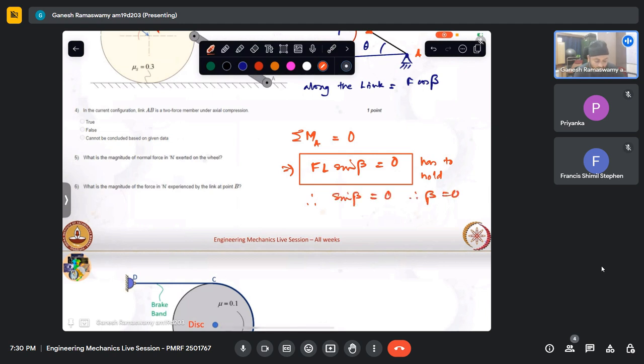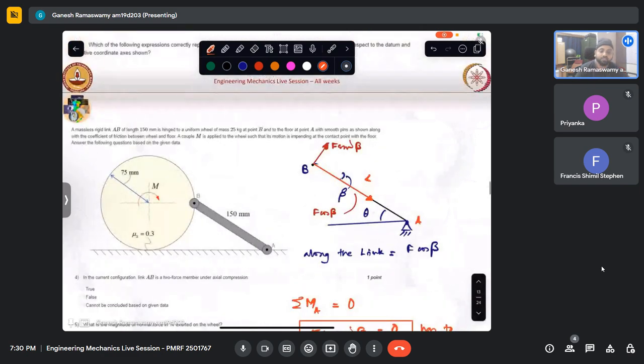So this is a proof that if you have a link which is applied with two forces, the force that is mobilized in that link is invariably axial. So yes, this is a two force member.